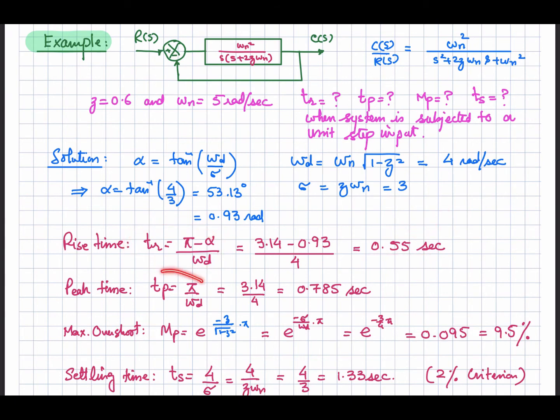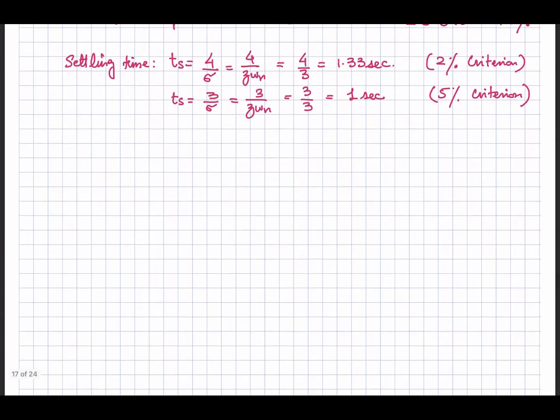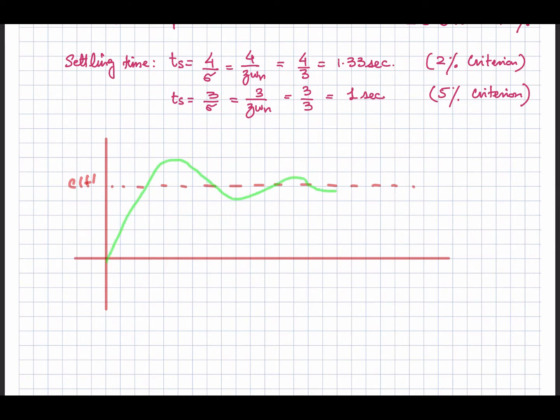Peak time is given by this equation. Now you know omega d, you can find out the peak time of your second order system. And then the maximum overshoot, that is 9.5%, right, and the settling time is 1.33 second for 2% criteria, and 1 second for the 5% criteria. So if I quickly sketch the response, the desired value is 1, so the response will be somewhat like this.